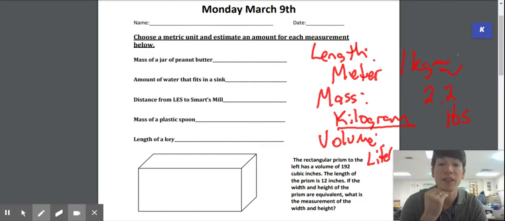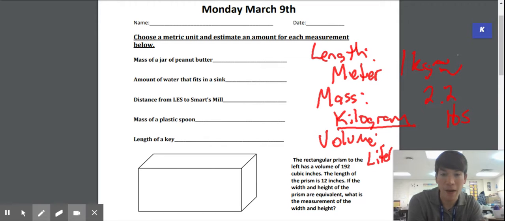That also is going to help us decide, is a jar of peanut butter more than 2.2 pounds? We've held what a kilogram feels like, and maybe we can use that as we go along. So I would definitely choose either kilograms or grams, and think about what you know about each of those when you're deciding on a number.